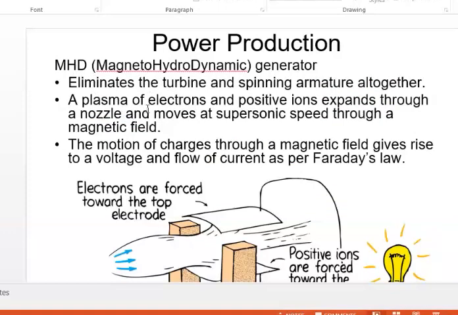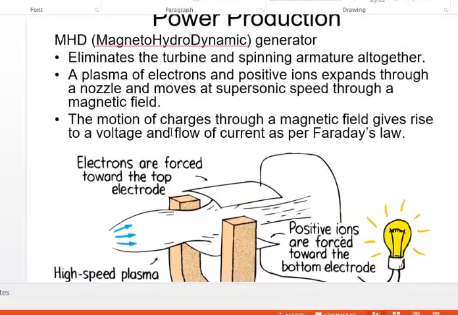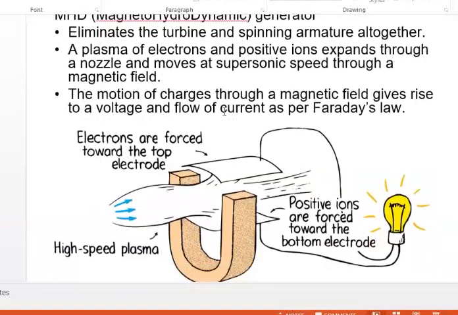A plasma of electrons and positive ions expands through a nozzle and moves at supersonic speed through a magnetic field. Even in that case, power is produced. So here you can see that the motion of charges through the magnetic field gives rise to voltage and flow of current as per Faraday's law.